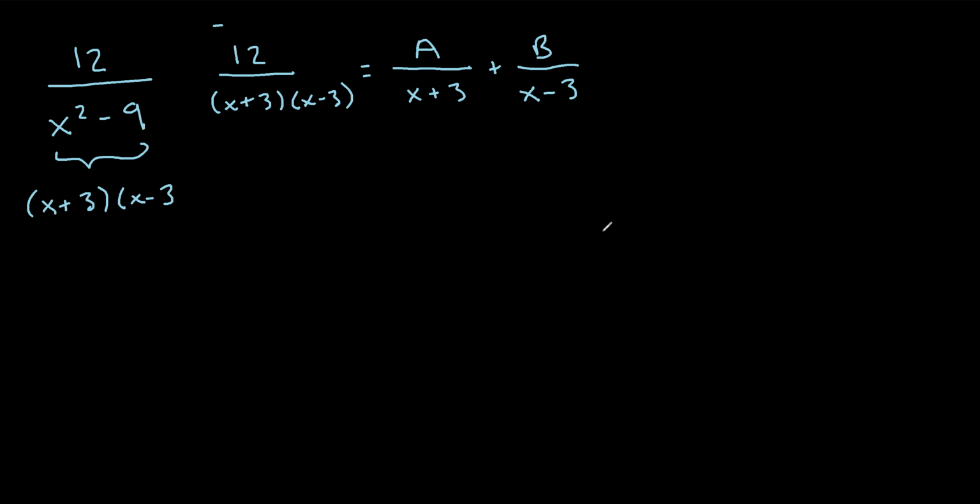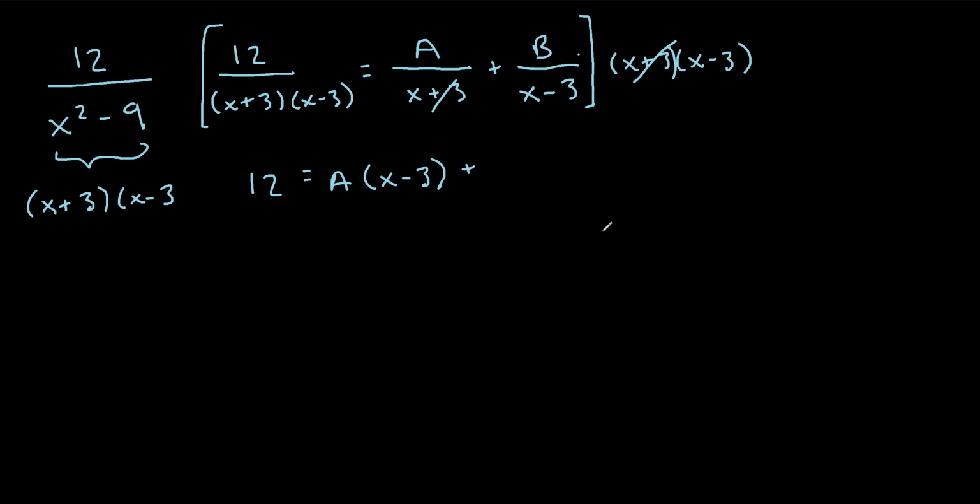So the way that we can do that is we can multiply this entire expression by the common denominator of x plus 3 and x minus 3. And when we do that, on the left-hand side, we'll be left with 12. And on the right-hand side, when we multiply a over x plus 3 by the common denominator, the x plus 3's will cancel out and we'll be left with a times x minus 3.